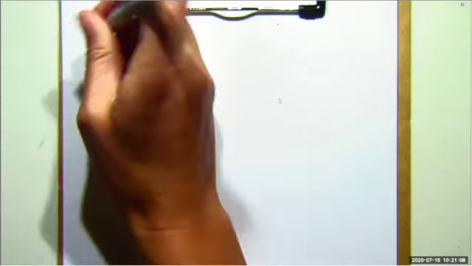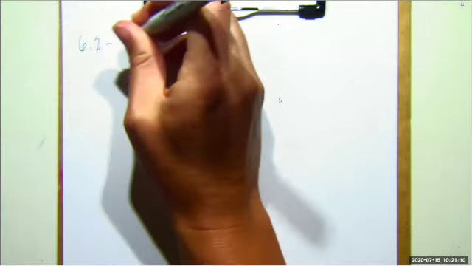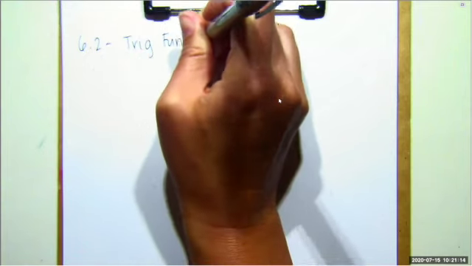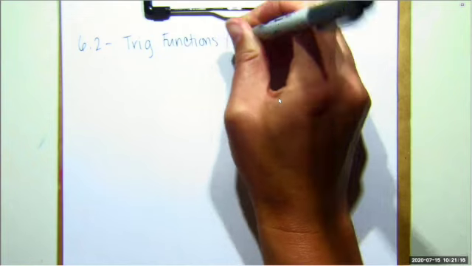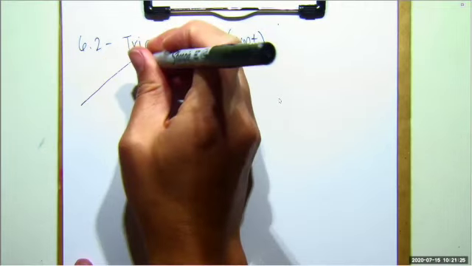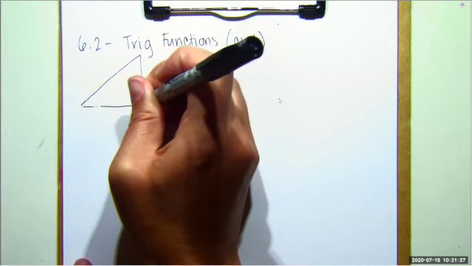Okay, so we are picking back up with section 6.2, which is Introduction to Trig Functions. And remember from last lecture, when we had a right triangle, so we're focusing on right triangle trigonometry.